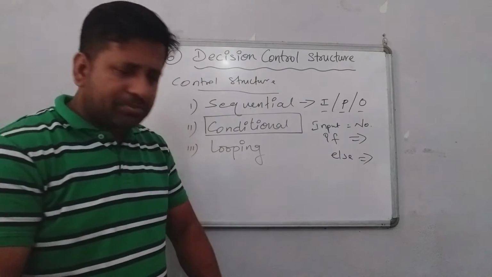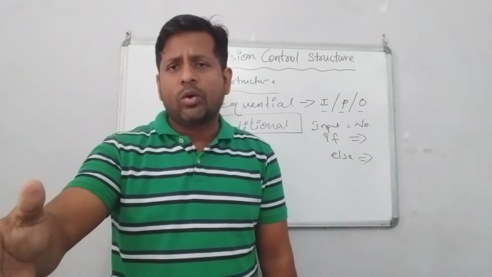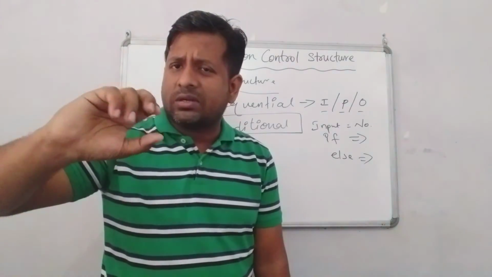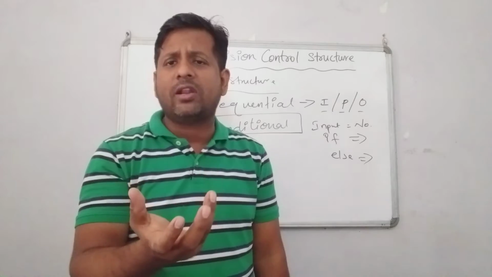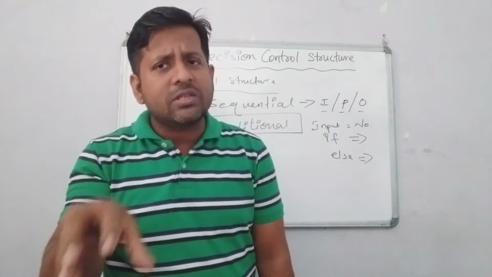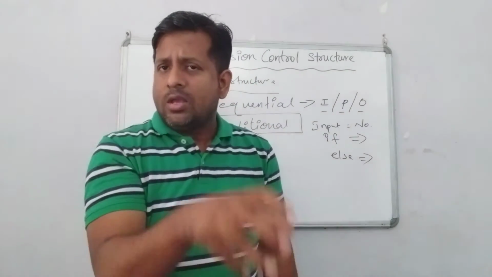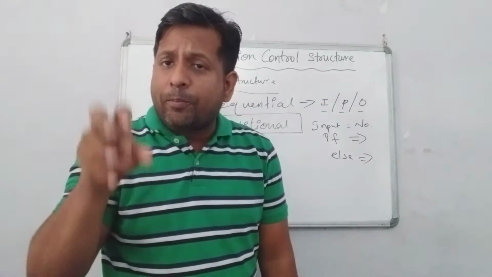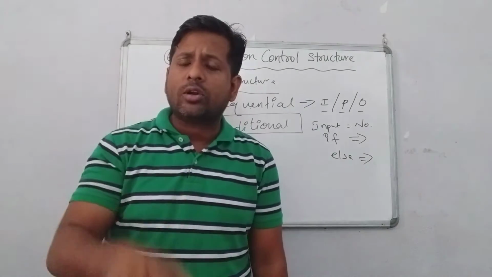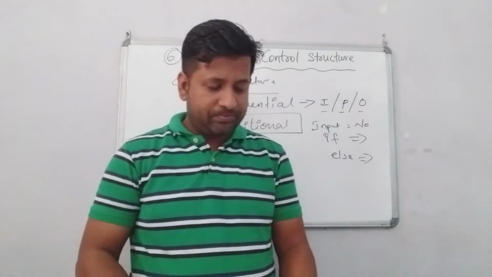So this condition comes whether the number is odd or even. We have to provide certain decision-making structure in the program, so that our program will decide whether the input number is falling in the odd category or the even category. Such programs, where we provide the program to take a decision, fall inside the category of conditional control structures.